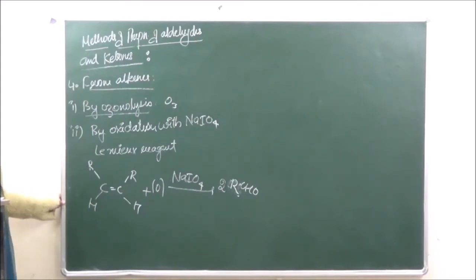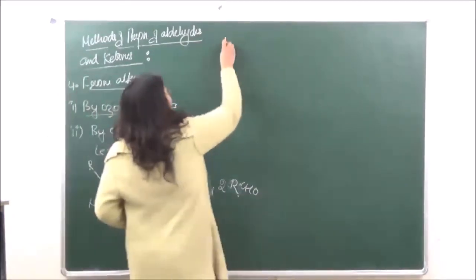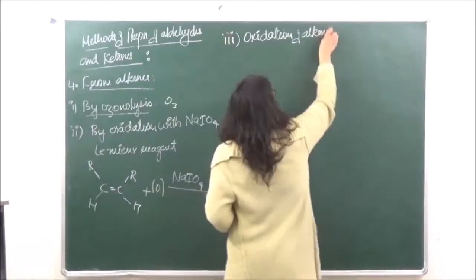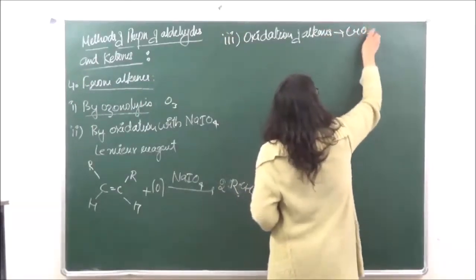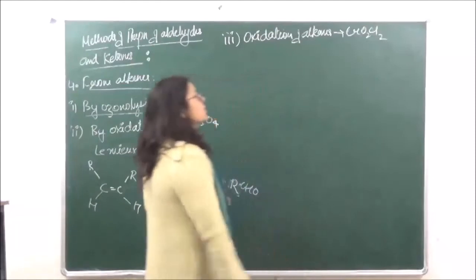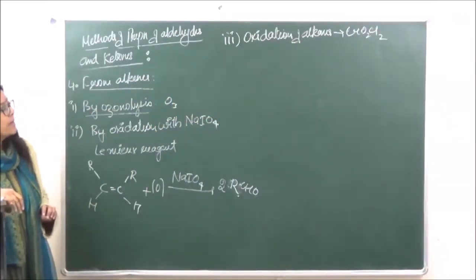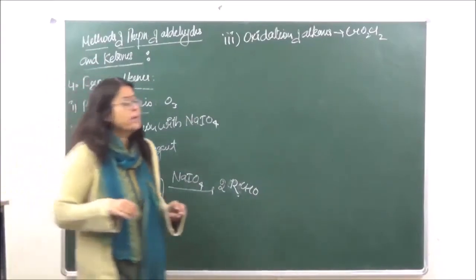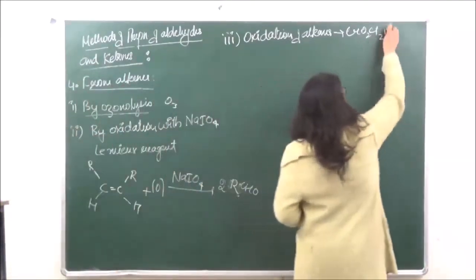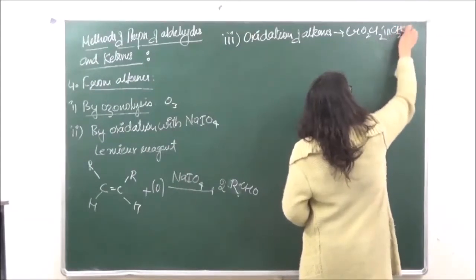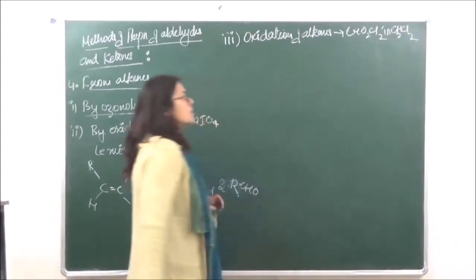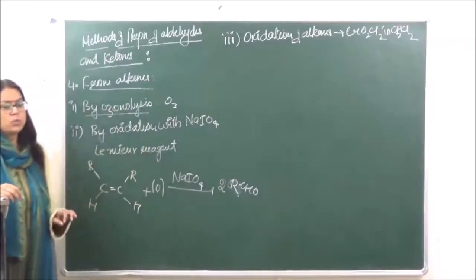Okay. Also, we can oxidize alkenes to aldehydes and ketones in presence of chromyl chloride. So the third method is by oxidation of alkenes in presence of an oxidizing agent which is CrO2Cl2. Right? Now over here also we need an inert solvent. So we are taking over here CH2Cl2.